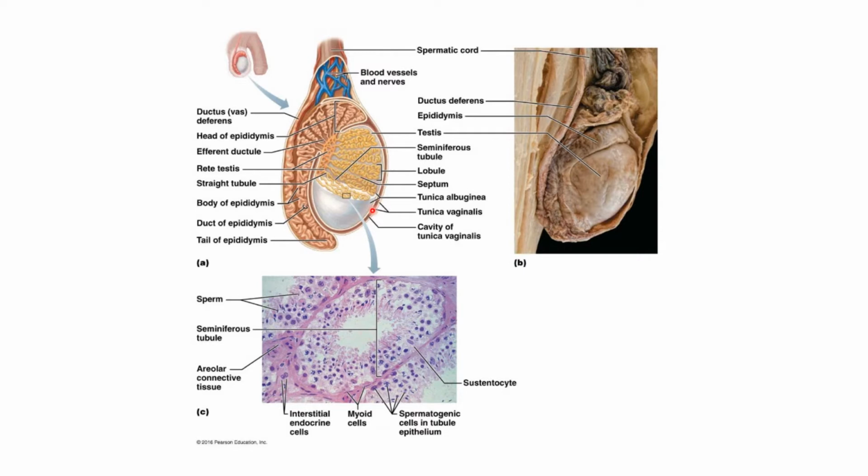So they are going to be pushed into the lumen, the cavity, so that they can travel into this region right here, the testes, and then from there they're going to travel into the epididymis. And then if ejaculation is to take place, then the sperm is going to leave the epididymis and it's going to start traveling up the ductus deferens or the vas deferens.